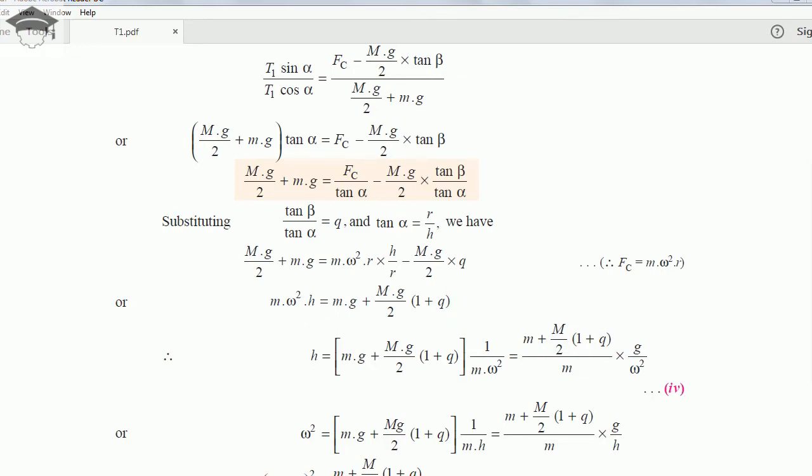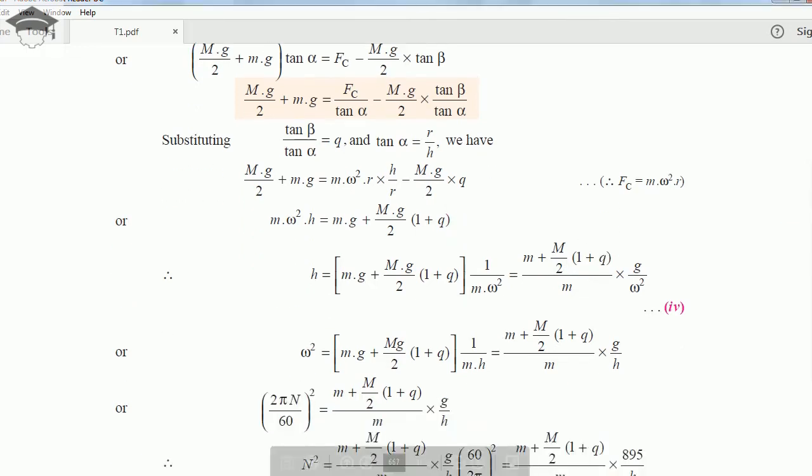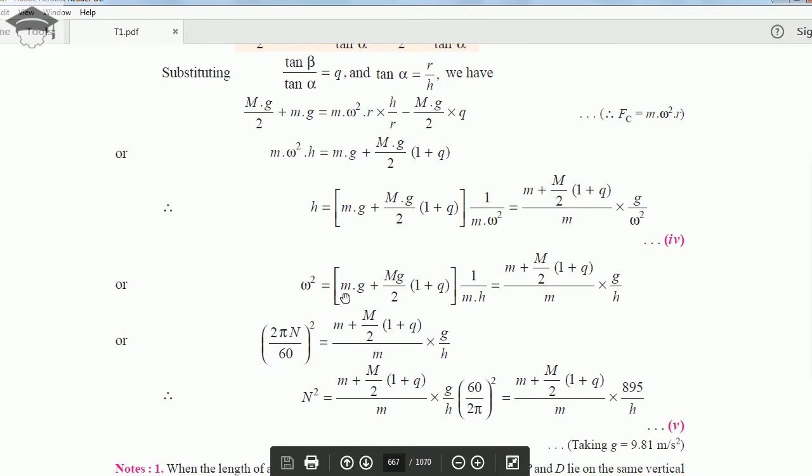So we have got the relation between height and omega, and we can substitute the value of omega as 2 pi n upon 60. When we solve for 60 upon 2 pi whole square, we get the value 895.